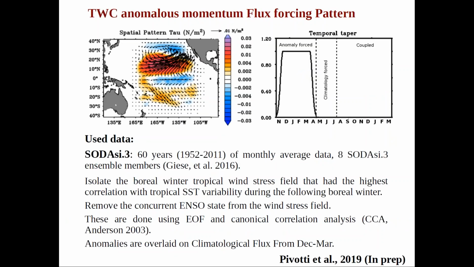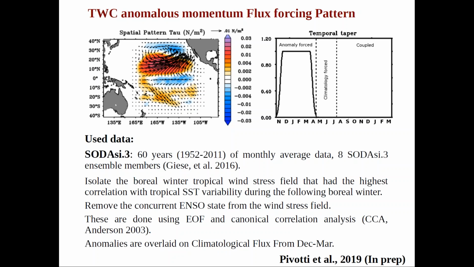So this is the TWC anomalous momentum flux, which we imposed on the climatological fluxes from November to April, which is the main time when the trade wind charging is strongest.